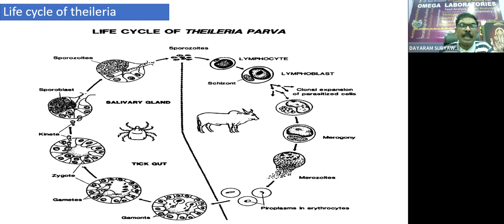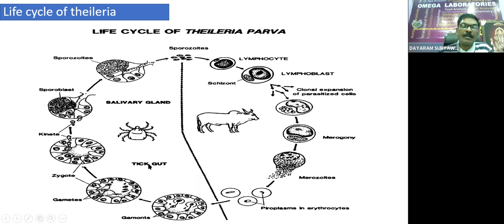If you see the life cycle, you can see two parts of the life cycle. One part is within the tick body, and another in the animal or the host body. So different progenies of the schizonts can be observed, and different stages of the theileria can be observed.